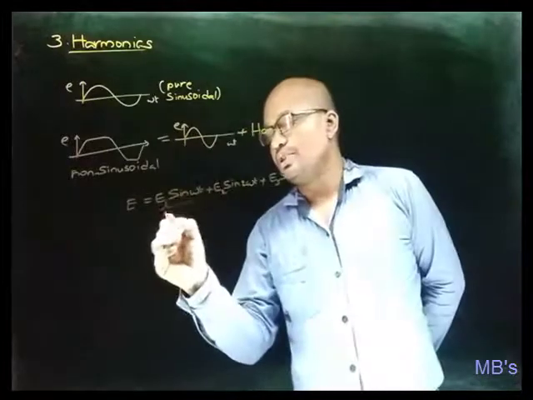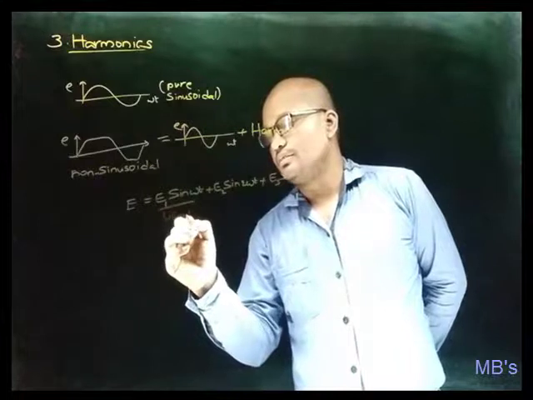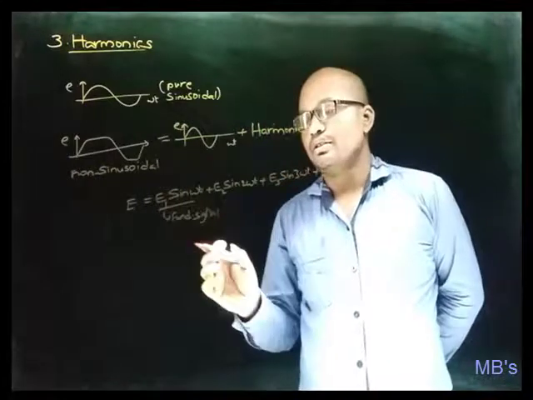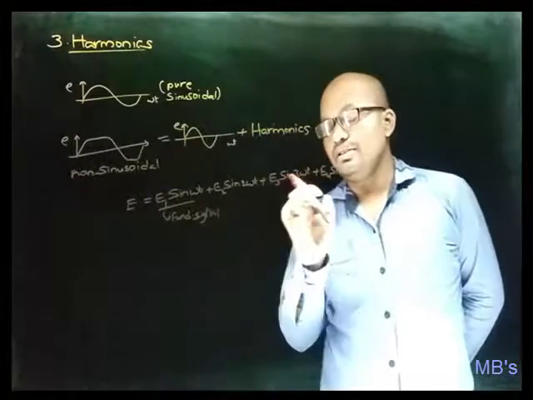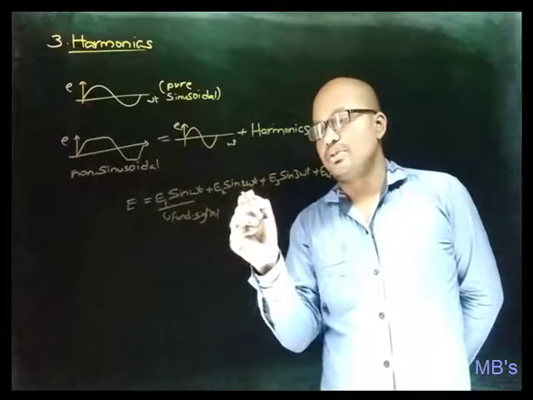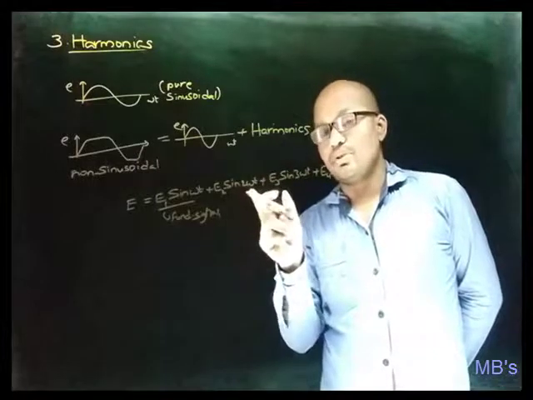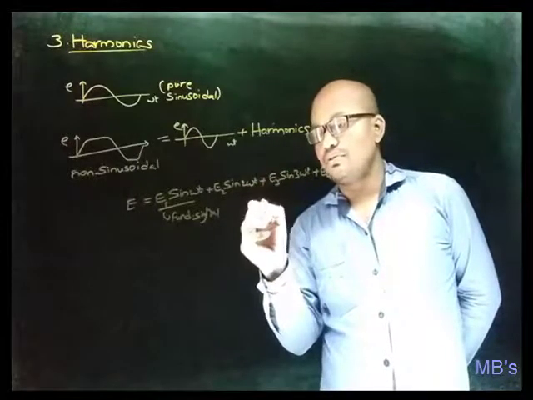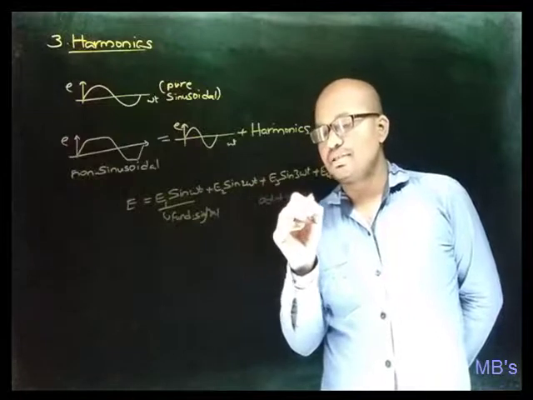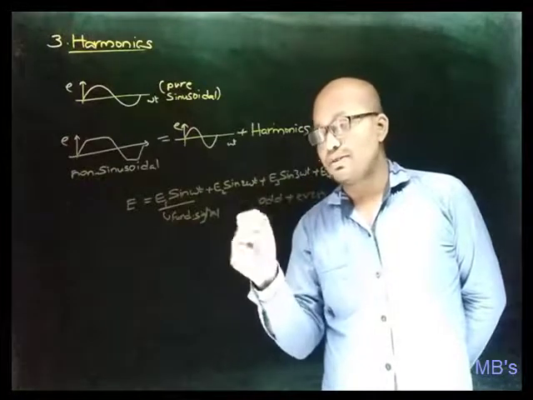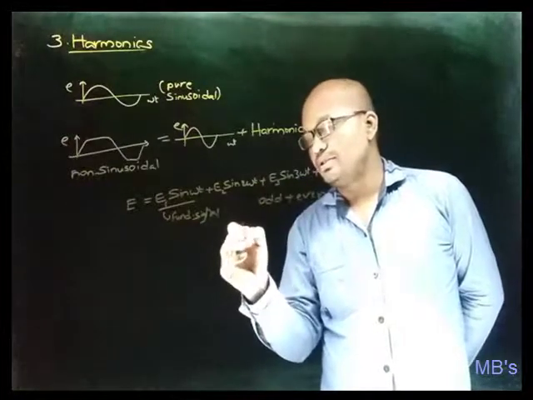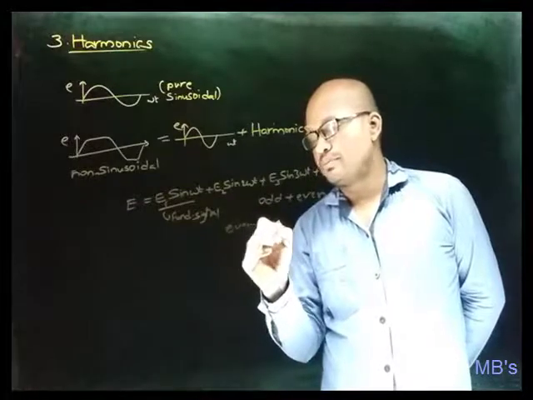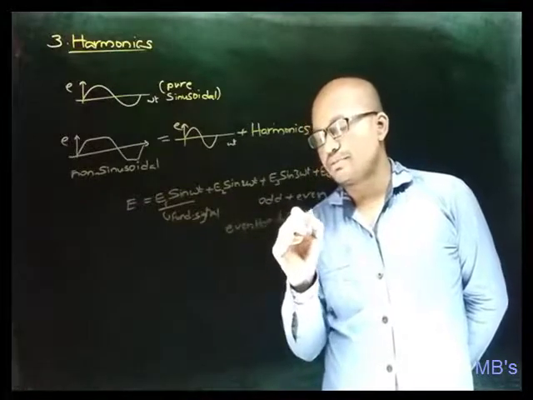So this is our required fundamental signal, it's a pure sinusoidal signal, and these are the harmonics. If you observe, harmonics are combinations of odd signals plus even signals. So harmonics are classified as even harmonics and odd harmonics.